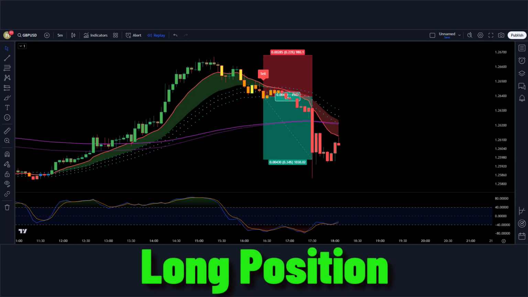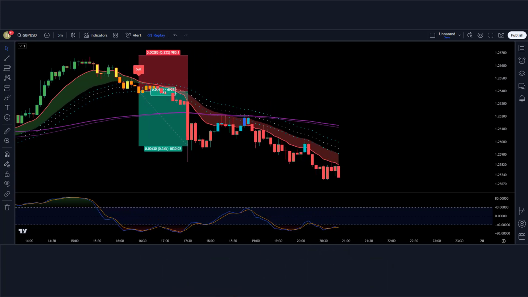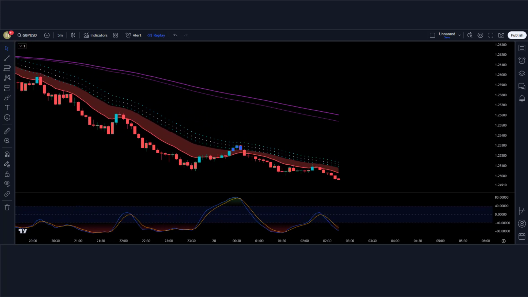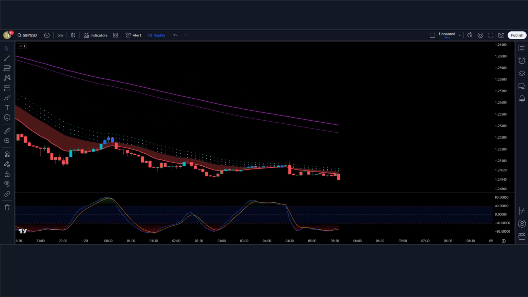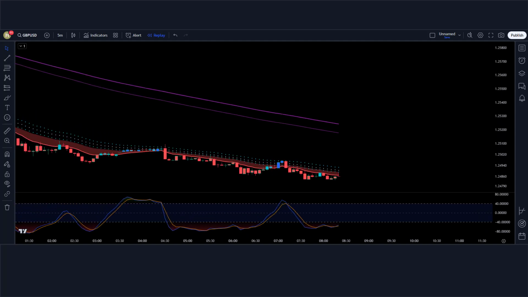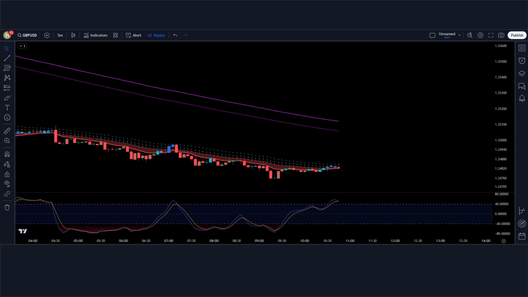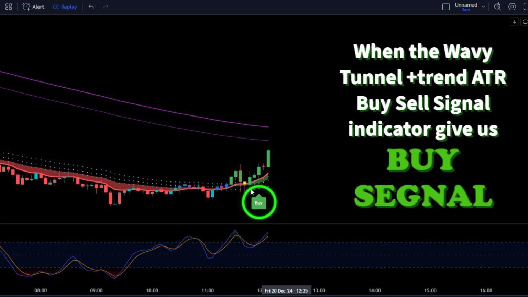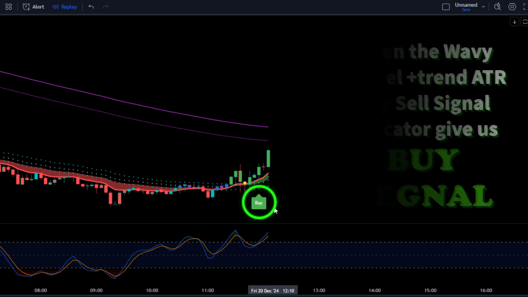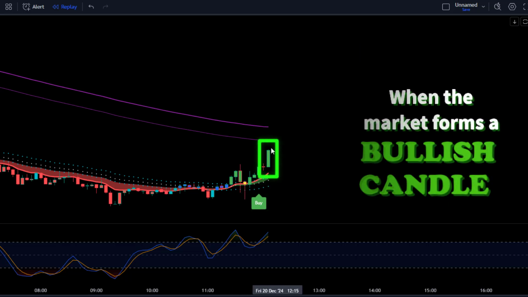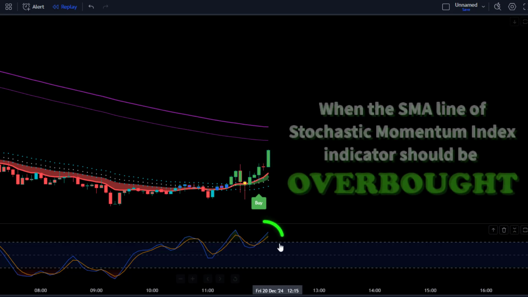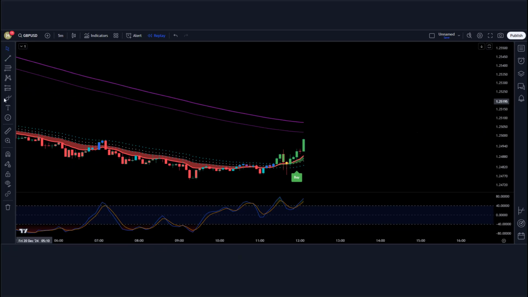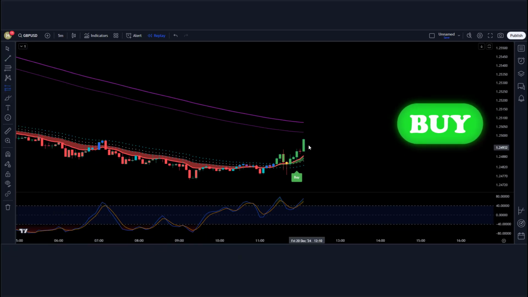Now let us understand the long position. When the Wavy Tunnel plus Trend ATR Buy Sell Signal indicator gives us a buy signal, when the market has formed a bullish candle, and when the SMA line of the Stochastic Momentum Index indicator is overbought, if these conditions are fulfilled, then we will place a buy order.